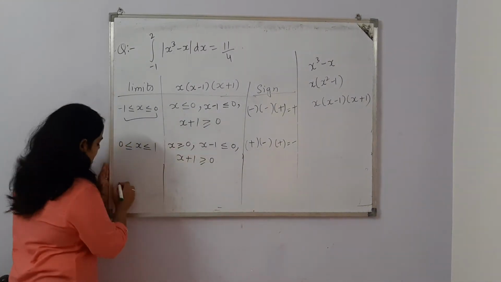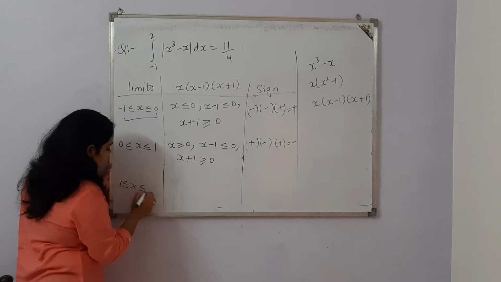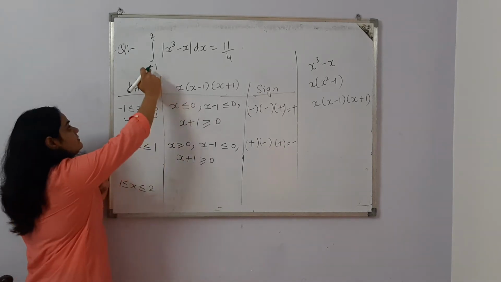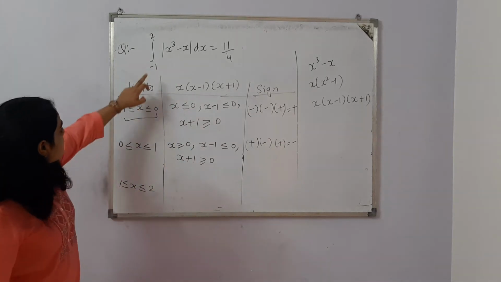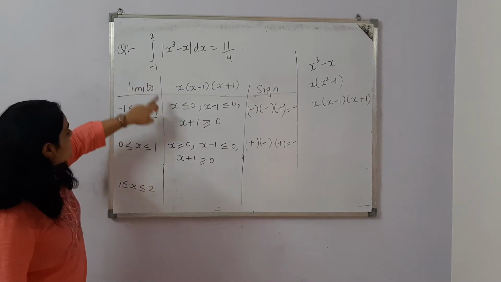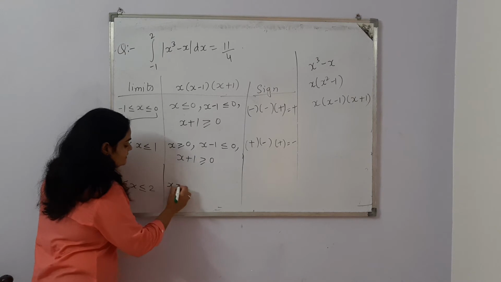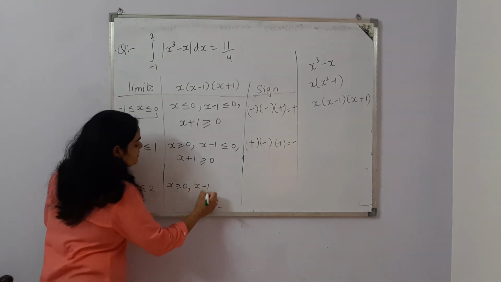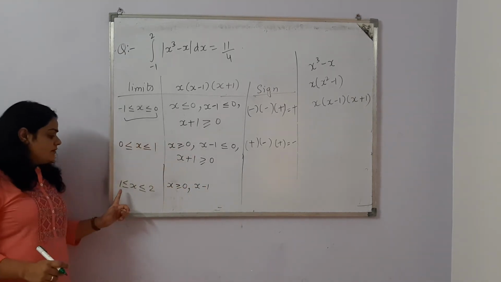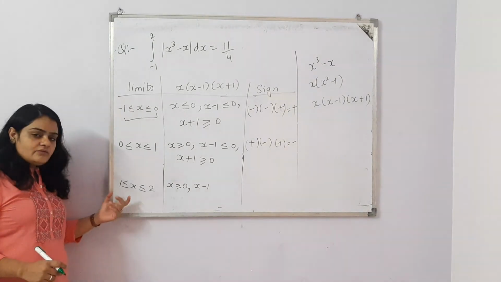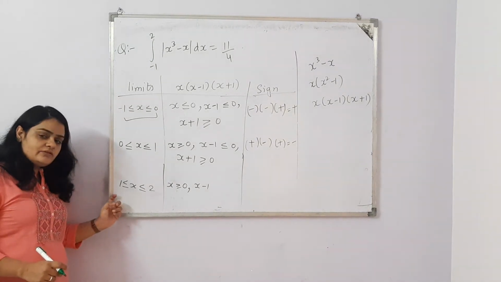And now the limits are 1 to 2. Thus I can spread the limits: minus 1 to 0, 0 to 1, 1 to 2. For 1 to 2, again x is positive. What about x minus 1? We take any x between 1 to 2.